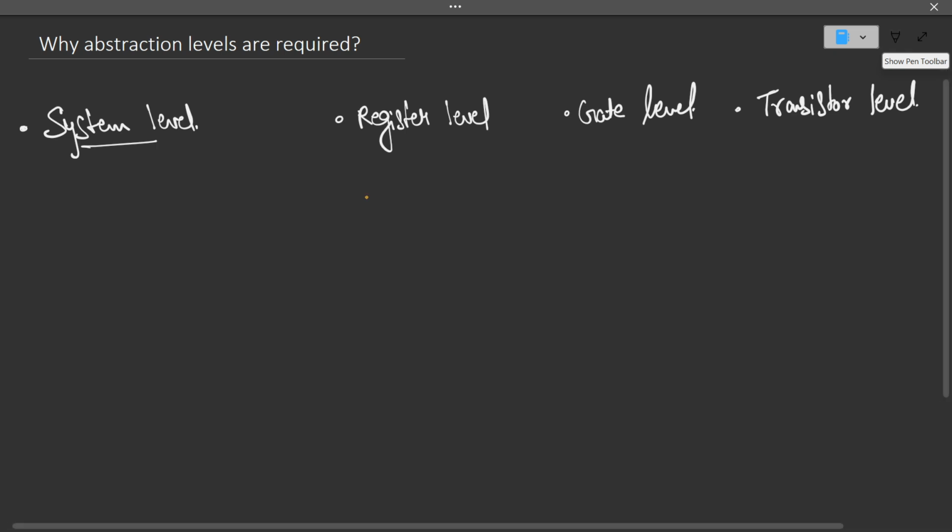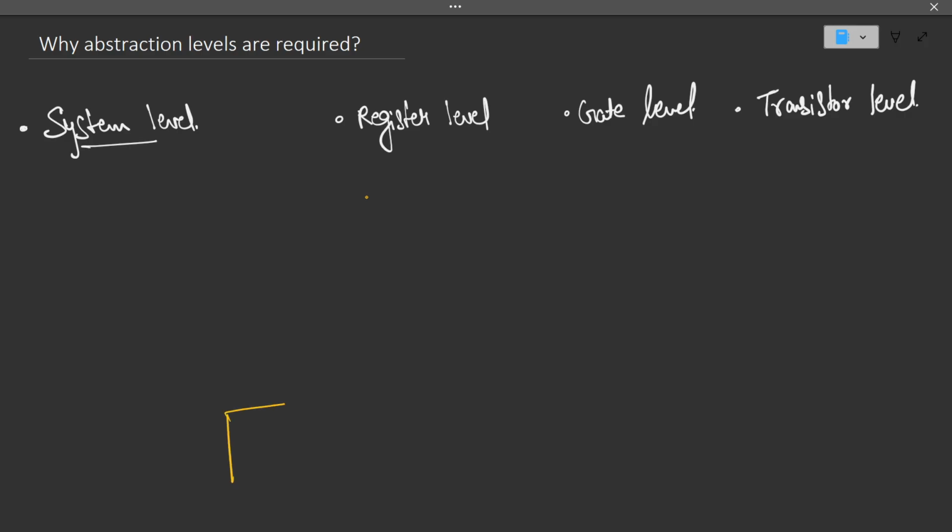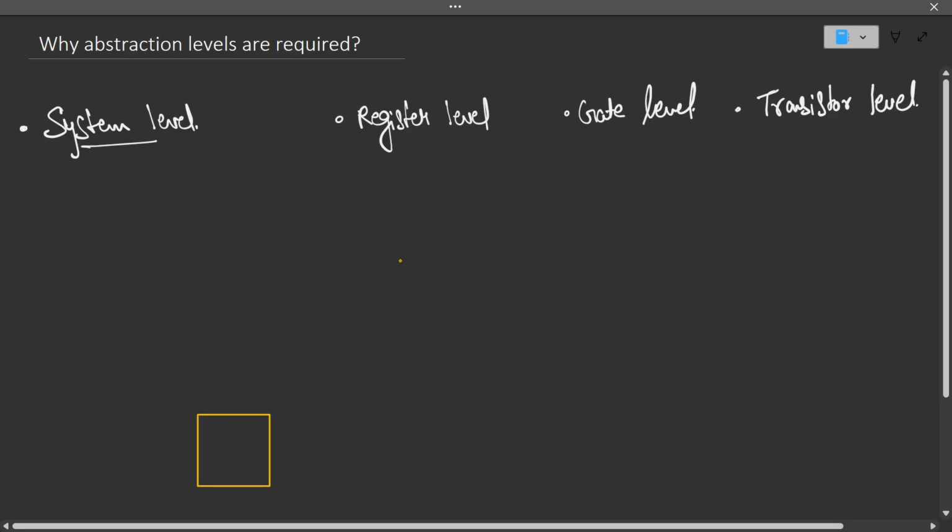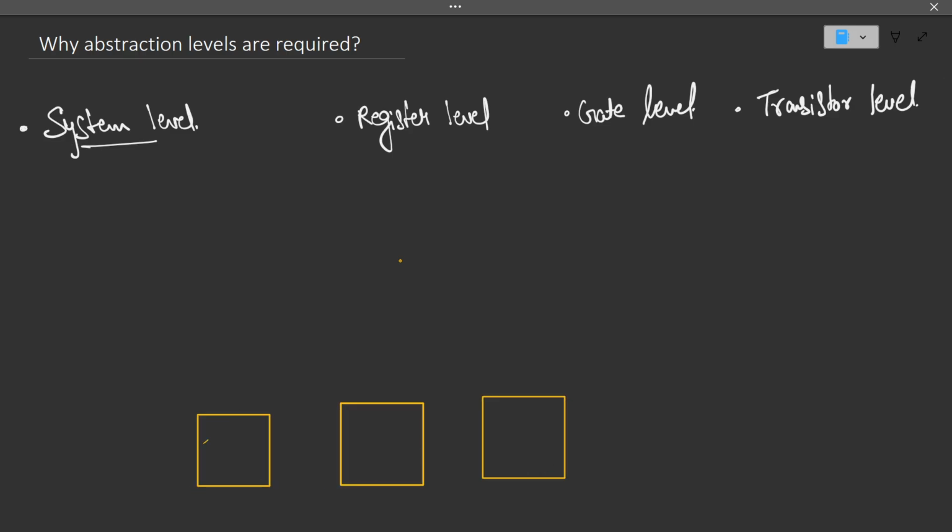Before explaining this, I'll explain how a design in Verilog is made. Whenever we write code in Verilog, at first we create smaller sub modules. This one will perform task 1, this one will perform task 2, this will perform task 3.